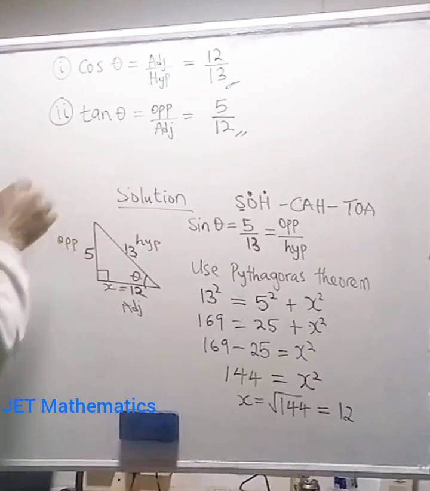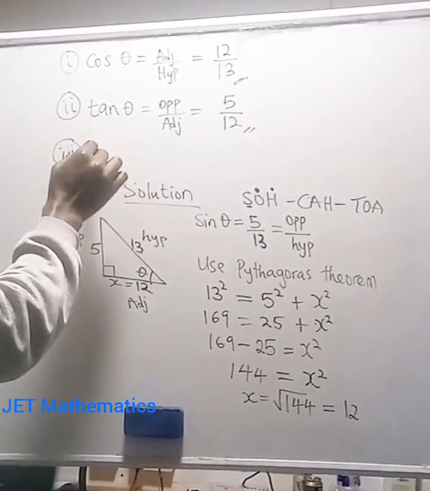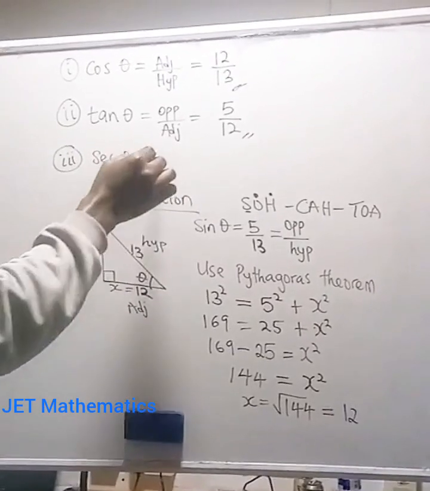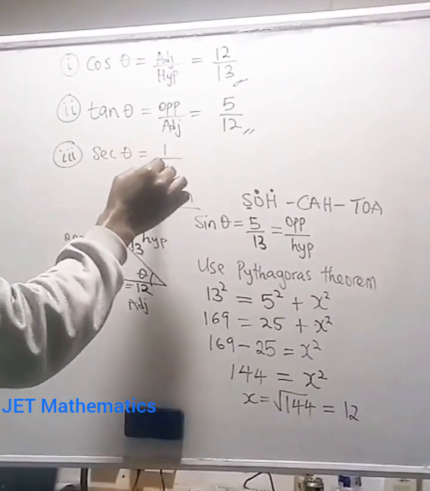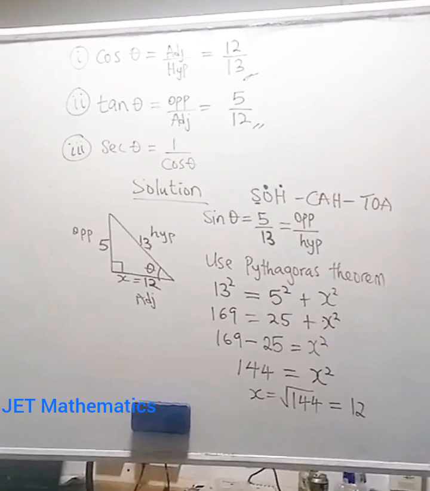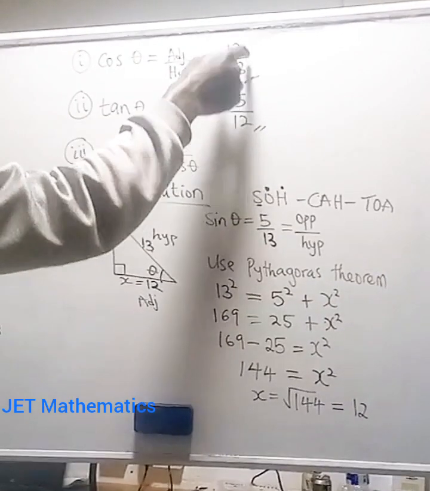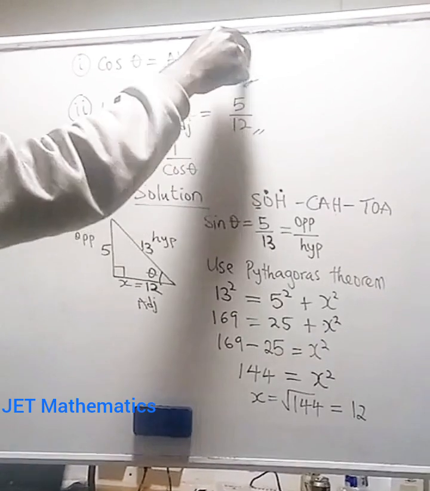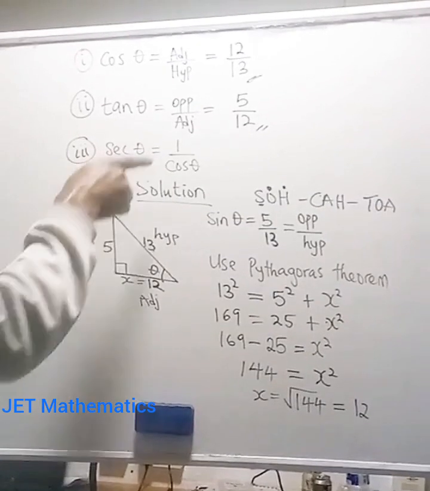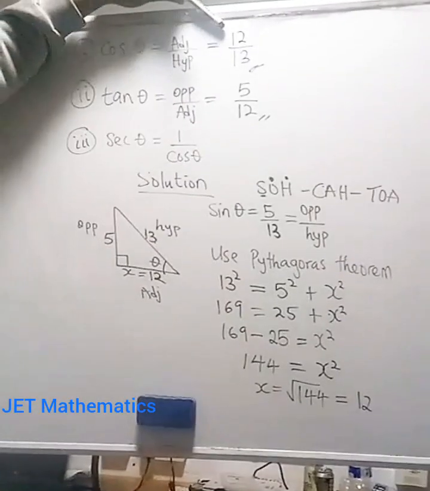So the next thing is our sec. We know our sec theta, we already know from the formula established, is 1 over cos theta. So it's just the inverse of your cos. If you do the inverse of this, the denominator goes up and the numerator goes down. So we have already cos theta here: 12 over 13.